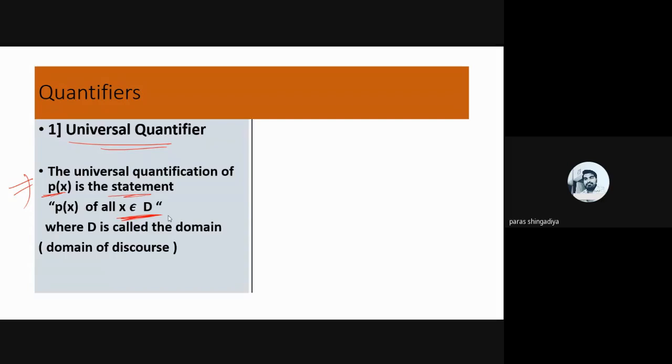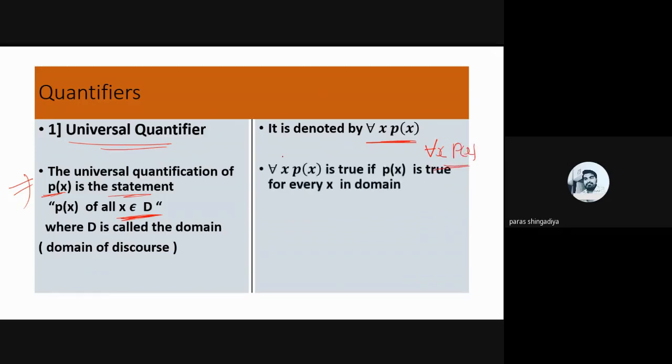If it is true, meaning it happens, then it is known as a universal quantifier. There is one notation for that. It is denoted by this symbol, read as every x p of x. The symbol is read as every, or all the values x, p of x. So it is the symbol of the universal quantifier. Now when is it true and when is it false?